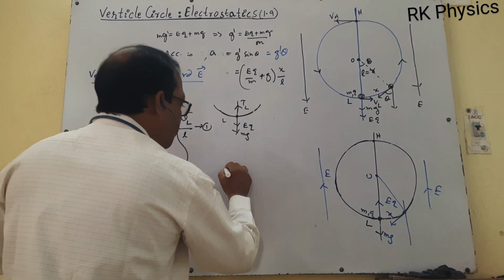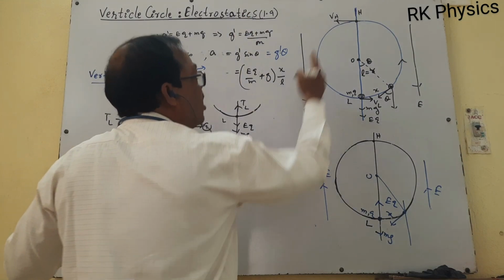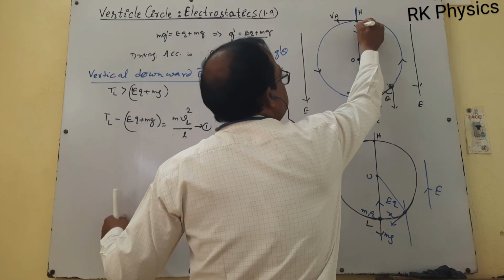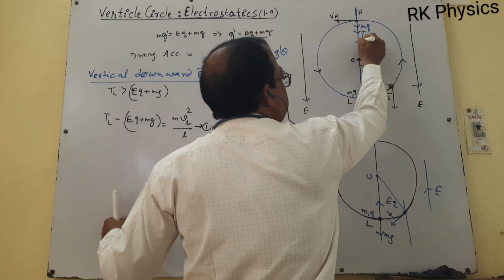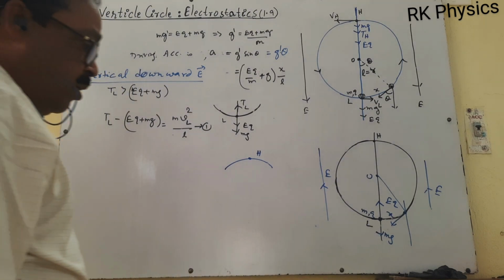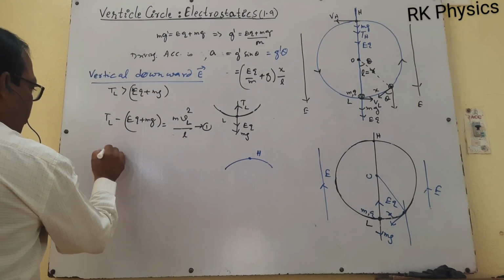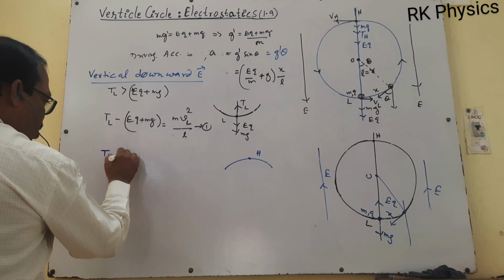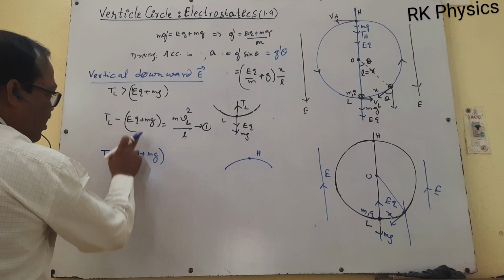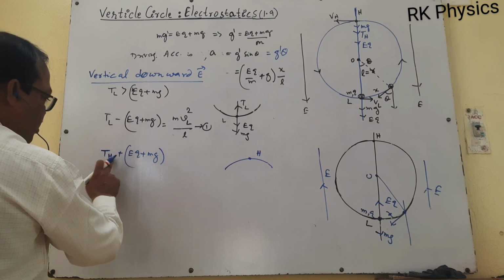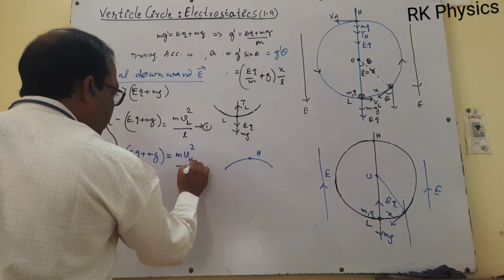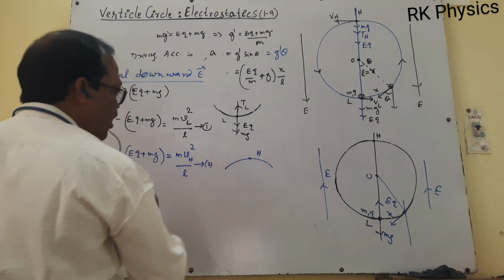Similarly, you come to the highest point, that is H. Tension is TH towards the center of the circle. Weight of the body is in this direction. Electric force EQ is again along downward. So all are along downward. Therefore, you take TH plus EQ plus mg, I am putting a bracket sign like this, equal to mVH square divided by L. You put this as equation 2.